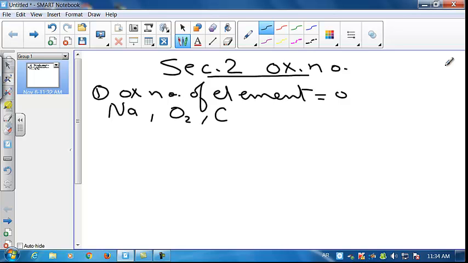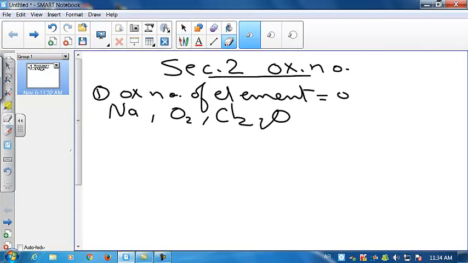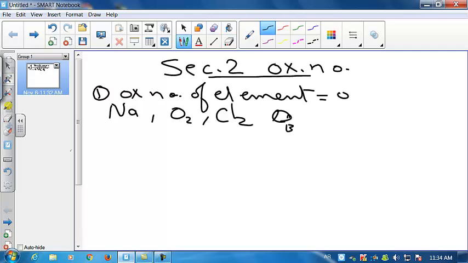O2, Cl2, O3, ozone, S8. All of these are elements, and when I ask you the oxidation number of oxygen, of Cl and Cl2, and of sulfur and S8, it is 0.